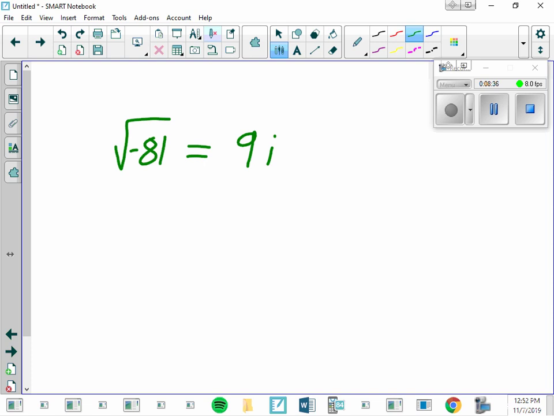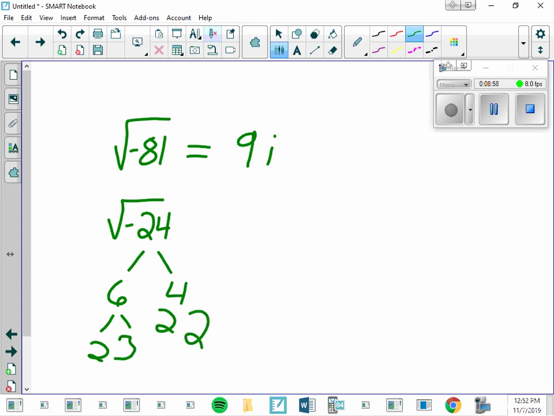What about the square root of -24? 24 simplifies into 6 and 4, 2 and 3, 2 and 2. Can I bring anything out? A pair of 2's.